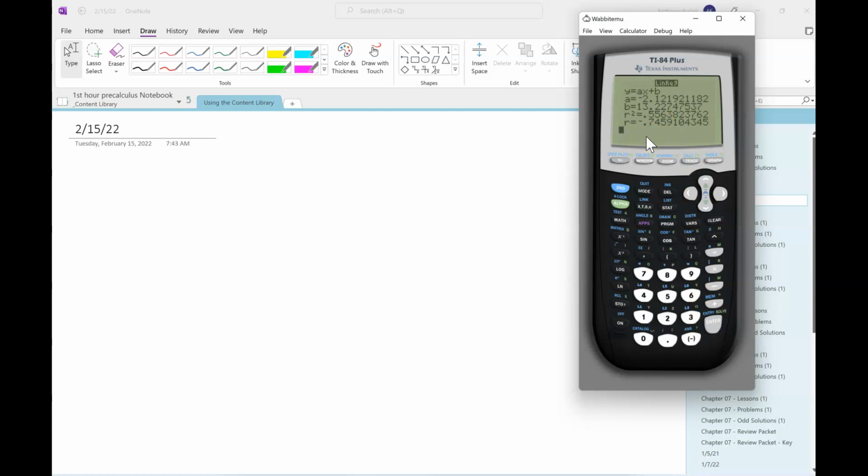So if I look at what I got here, it says my equation is y equals ax plus b, where the a, or the slope, is negative 2.12, yada, yada, yada. And the b, or the y-intercept, is 13.22, yada, yada, yada. And the r value is the thing that I'm really interested in when it comes to my linear regressions, which is negative 0.74, yada, yada, yada, which is okay.